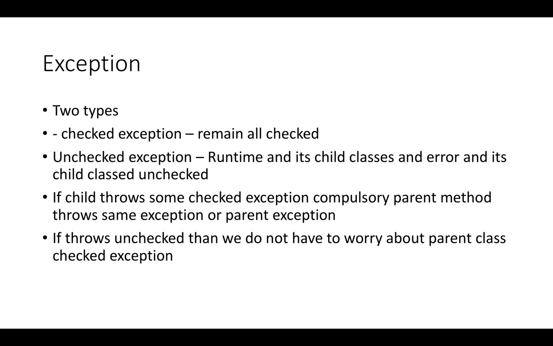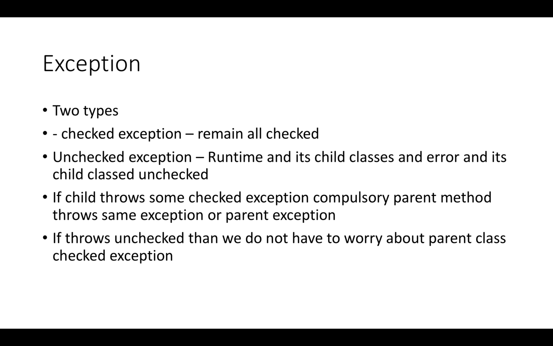The exception main concept I'm going to discuss in the next sessions. But right now, you can simply understand that there are two types of exception: the checked exception and the unchecked exception. Checked exception is compile time, and unchecked is runtime. If the child method throws some checked exception, then it is compulsory that the parent method throws the same exception or the parent exception.